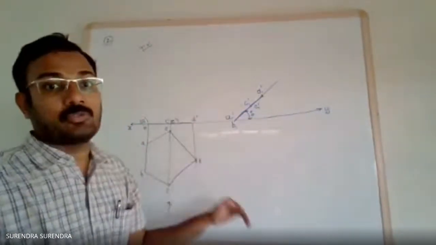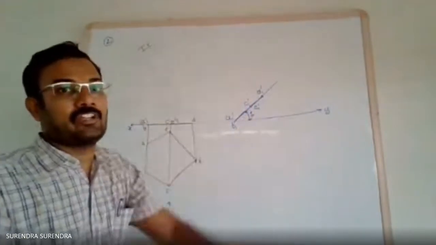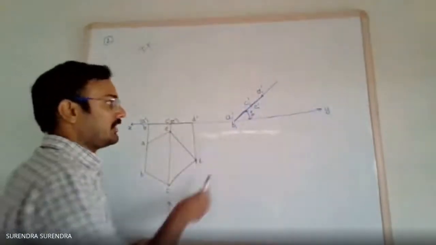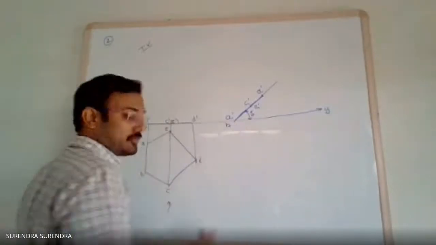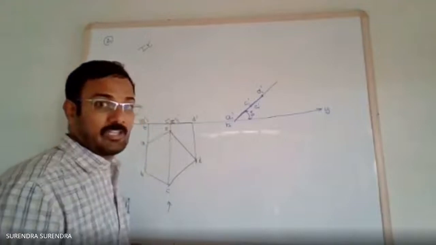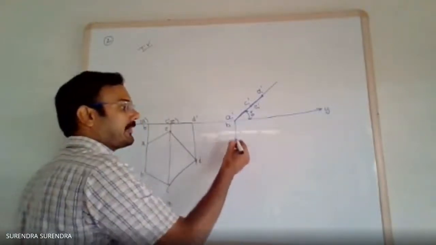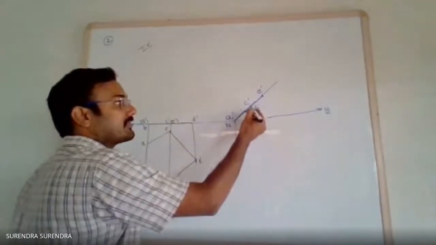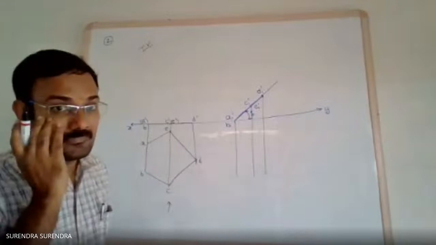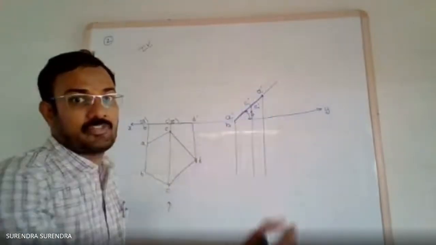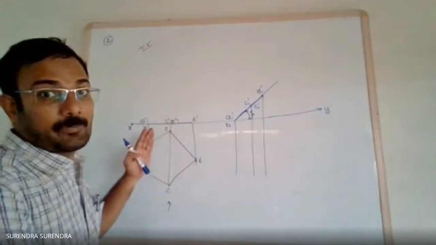Now, with respect to the top view. What is the top view when it is inclined at 45 degrees to HP? So for the top view, draw the projections from each and every point of the front view. Draw the projections from A1, B1, C1, E1, D1. And the locus from the previous top view.